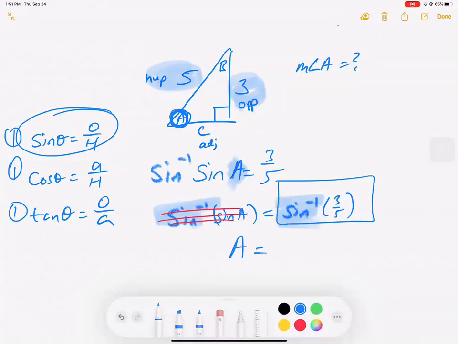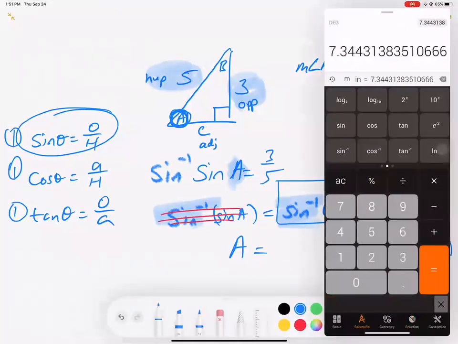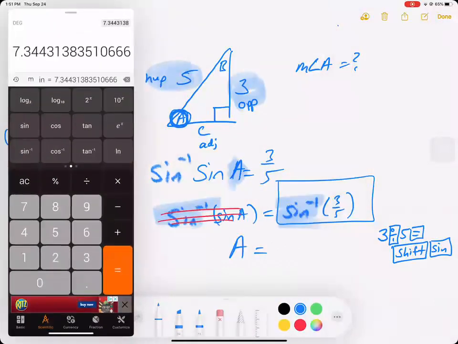Now let me explain how to do this on the calculator. You have to type 3 divided by 5 equals, and then you're going to hit shift sine. Again, we first do our numbers, 3 divided by 5, and then we inverse sine. Actually, on this calculator, if you look here, inverse sine, you don't have to do a shift.